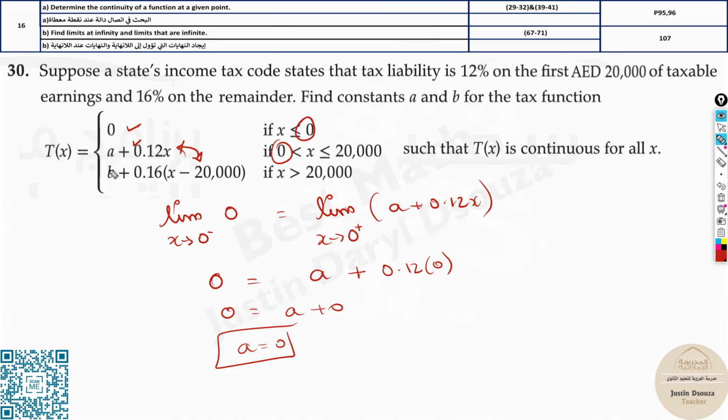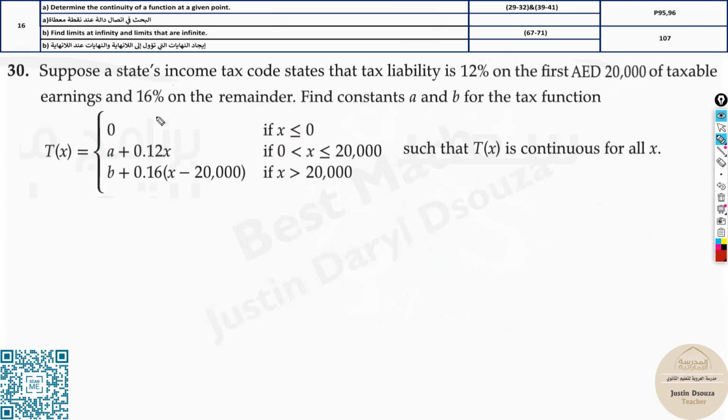Now we will do the second part to solve for b, because now we found a. We know it's 0 here. Now we can easily solve it. I'll just clear this all up and let us do these two equations. But we know here the value of a is 0. But when I'm writing the limit equation, I'm going to take this directly as a itself, a plus 0.12x. What is the x value?